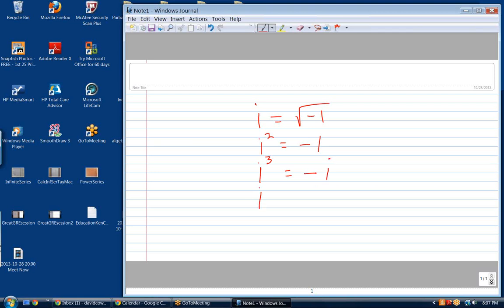And finally, what's I to the 4th? 1. And then they repeat. In other words, I to the 5th is I, I to the 6th is I squared, or negative 1, I to the 7th equals minus I, and I to the 8th equals 1.